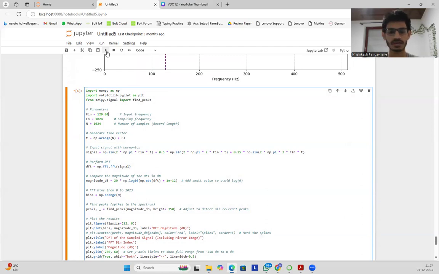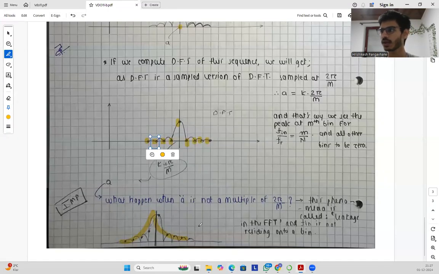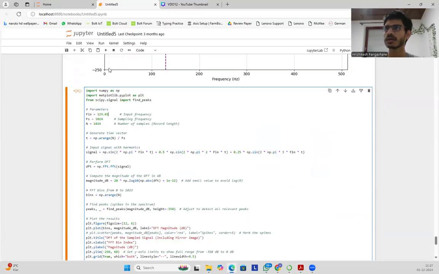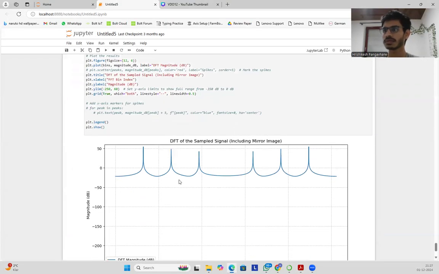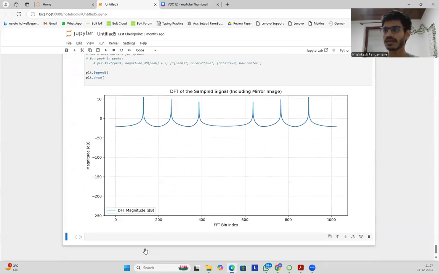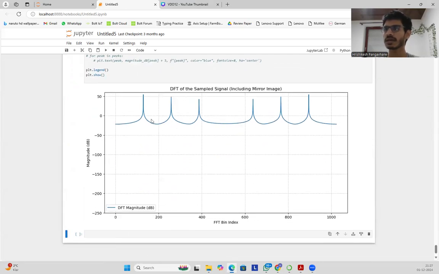Then we will see the phenomenon of leakage in the fast Fourier transform, where Fin will not reside in a particular bin. So this is what happens. Every bin is now taken by the coefficients of the discrete Fourier samples.